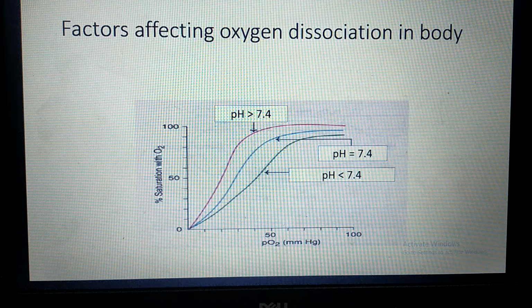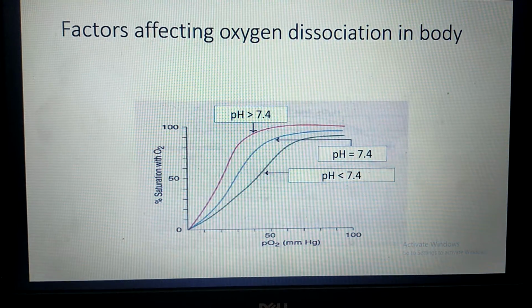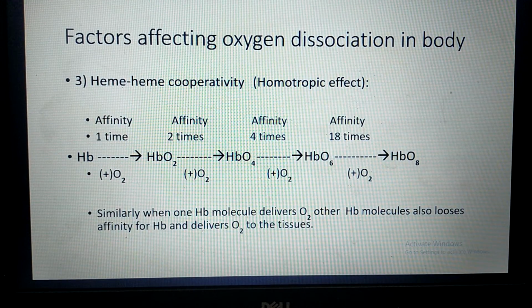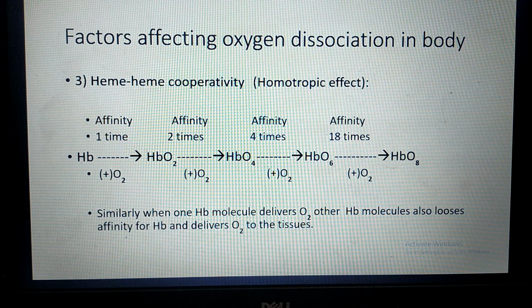In case of alkalosis, when pH is more than 7.4, the curve shifts to the left and less oxygen is delivered to the tissues. Third factor is homotropic effect or heme-heme cooperation or heme-heme cooperativity.